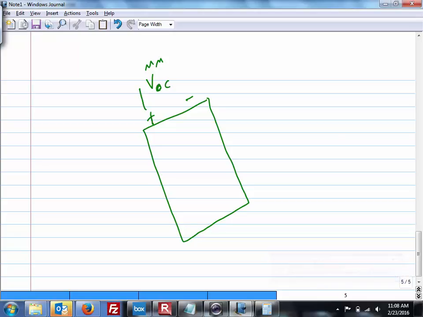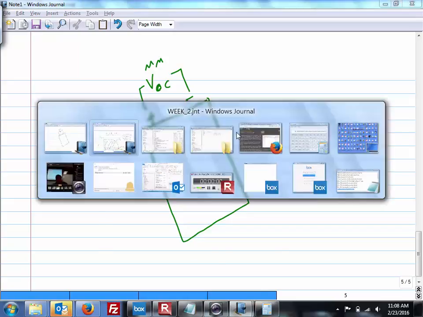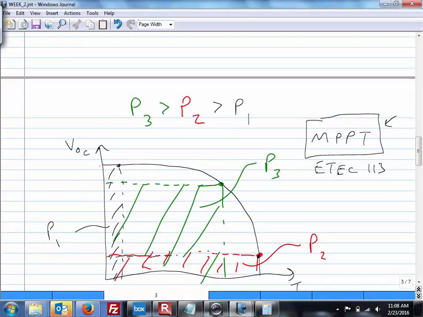There's no load on it whatsoever, and it should be pretty high, depending on the panel type. That voltage is basically right here, where there is no current. But if you multiply volts times amps, and you have no amps, then you have no power.